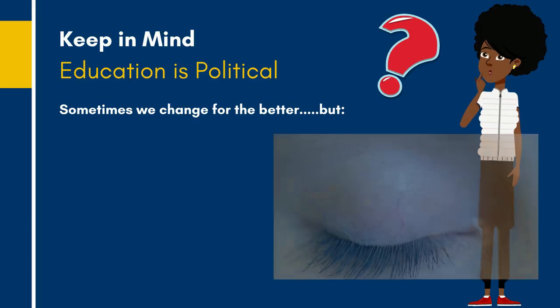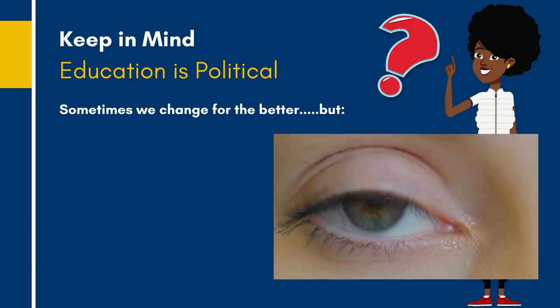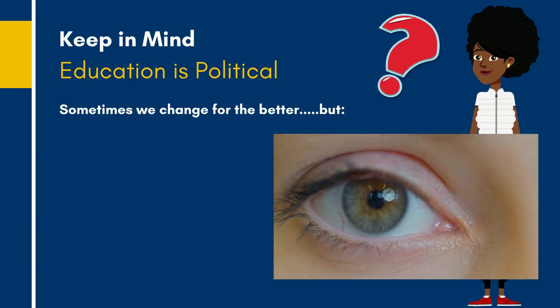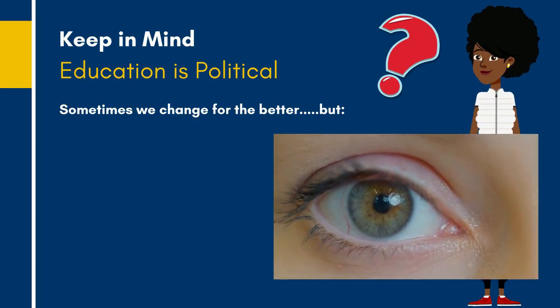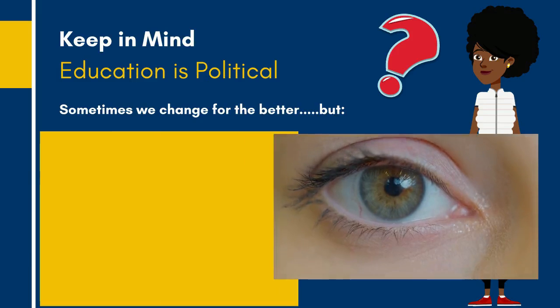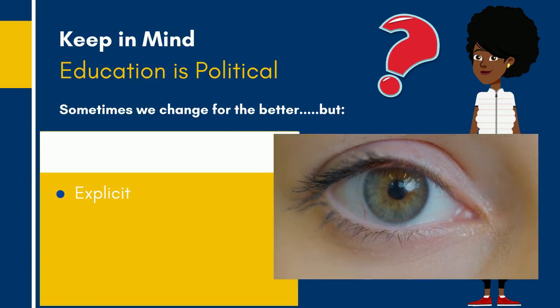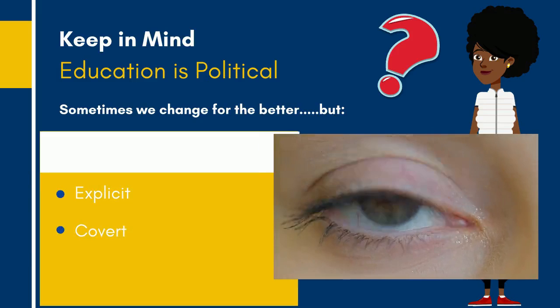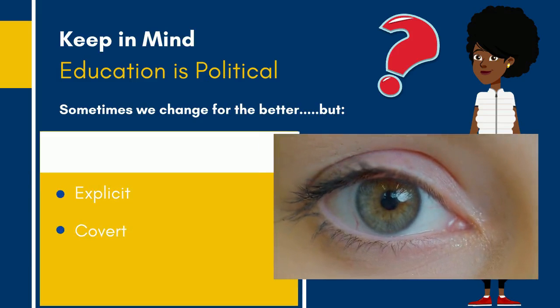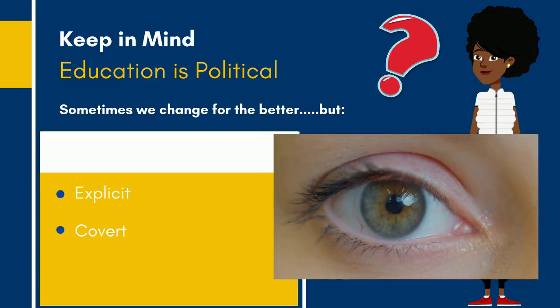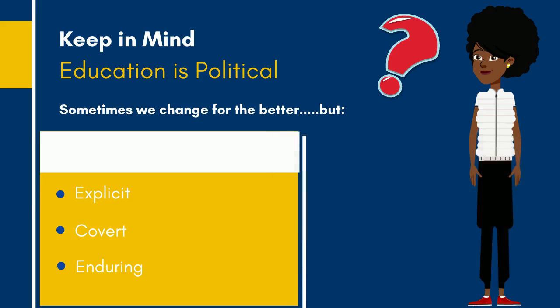It is important to open your eyes to these inequalities and the ways in which they have manifested themselves within the public education system. These ways may be explicit or somewhat subtle, covert in their activity. They may set enduring trends of inequity.